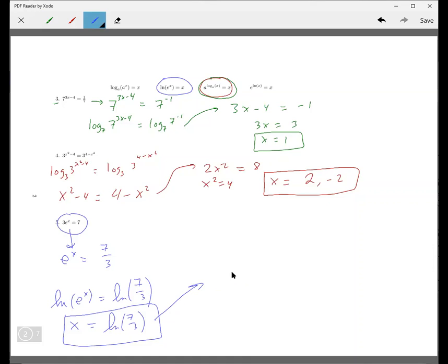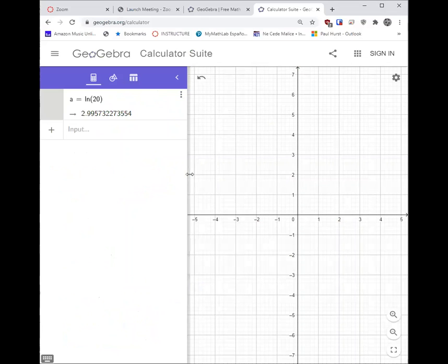And then use GeoGebra. So we're going to put log of 7 over 3 in using GeoGebra. And it is 6 decimal places, so 0.84729 and that 7 gets rounded to an 8.